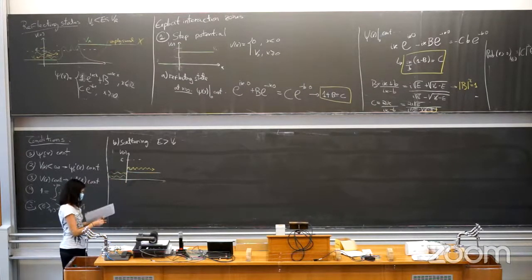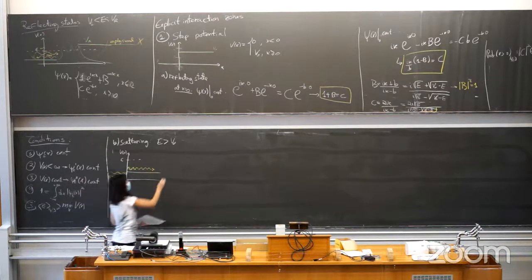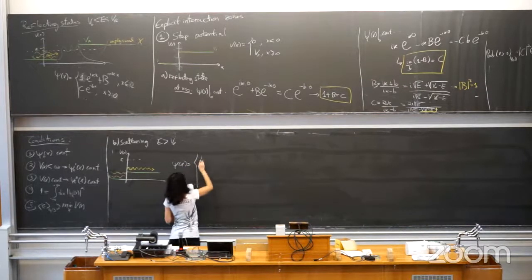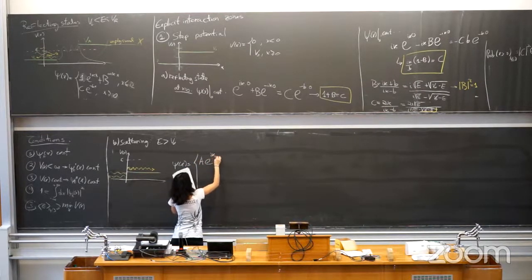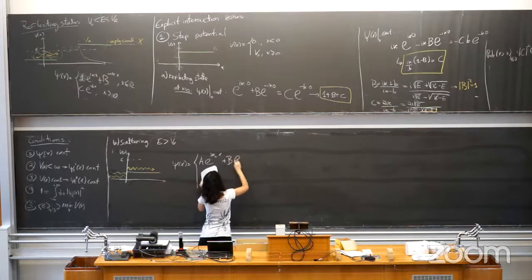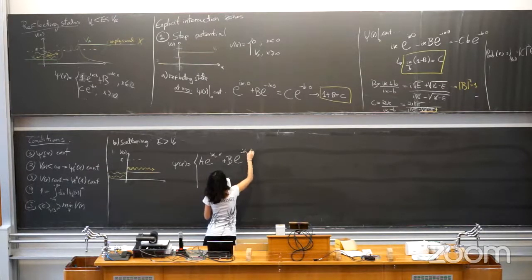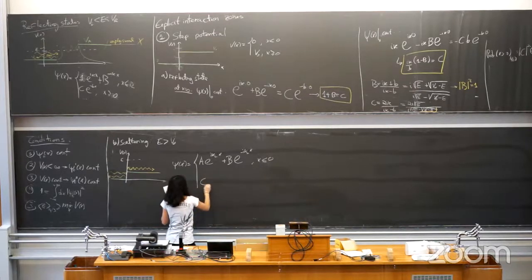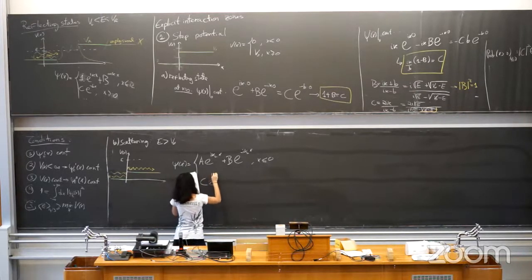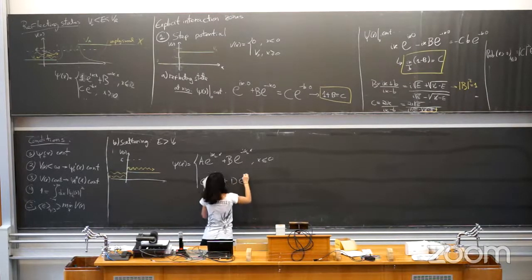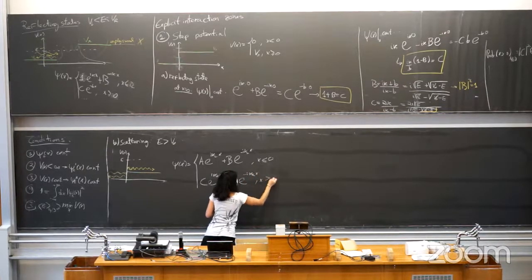So then we have what? e to the i k_L x plus b e to the minus i k_L x for x smaller than 0, and c e to the i k x plus d e to the minus i k x for x larger than 0.